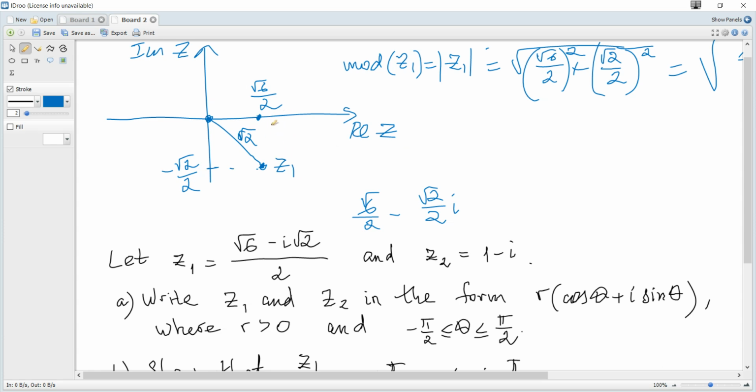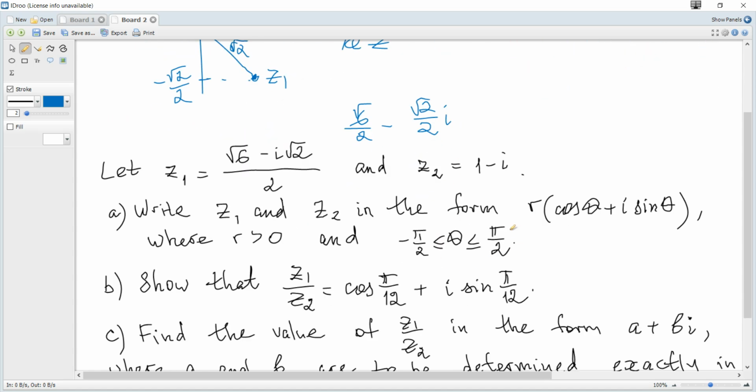Now we need the argument. The argument is the angle, and notice that the starting point is here, and anti-clockwise is a positive angle, clockwise is a negative angle. So the argument of z1 can be given as such an angle and it will be positive, or such an angle and it will be negative. Notice that theta, the argument, must be from negative pi over 2 to pi over 2.